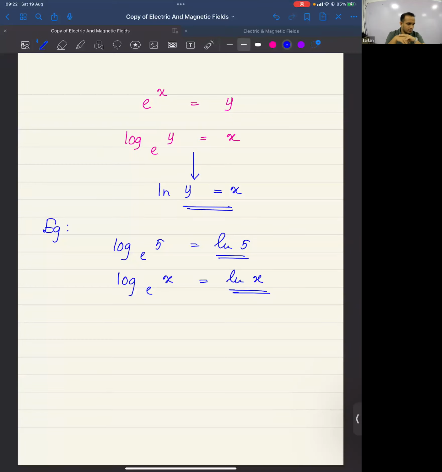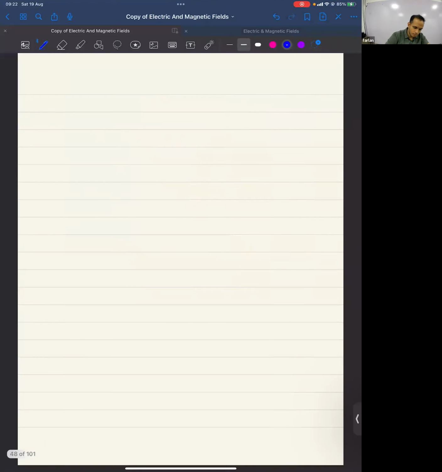And then there are three interesting rules in log. It's good for you to have an idea about it. One is known as the power rule of logarithms, which means, let's say you have ln or log x to the power a.